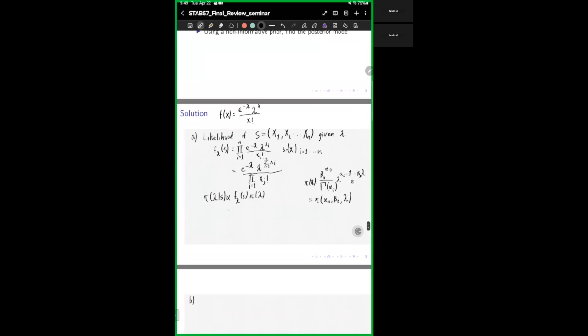So this one is equal to this one, e to the negative lambda to the sum of xi over the product of xj factorial, times this one over here. So b naught, a naught, gamma alpha naught, lambda a.